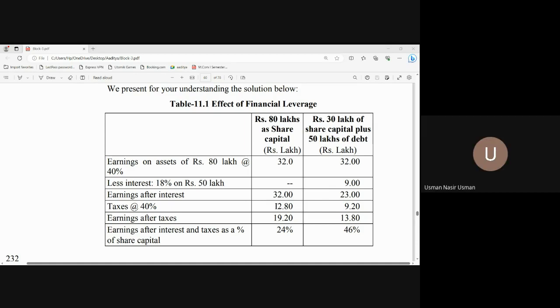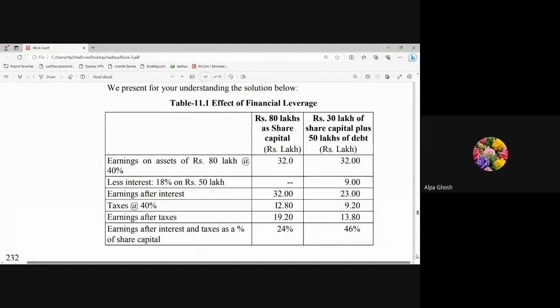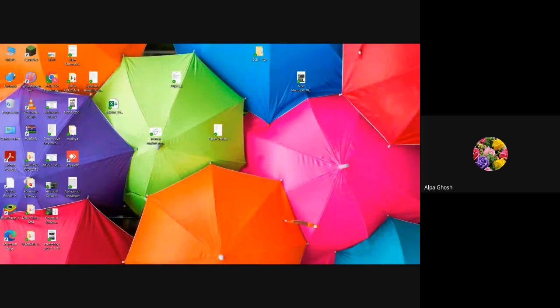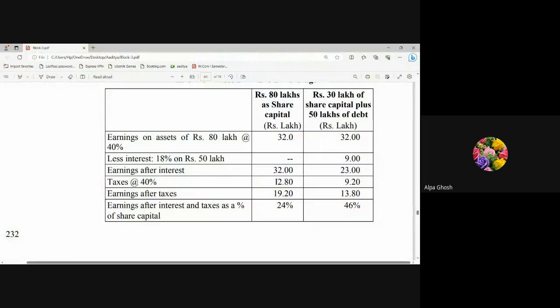Yes, ma'am. I will explain to you. We take the earnings for shareholders. In the first case, we have shareholders of full 80 lakh rupees. So the earnings 19.20 are available for all 80 lakh shareholders. In the first case, you have all 100% shareholders.